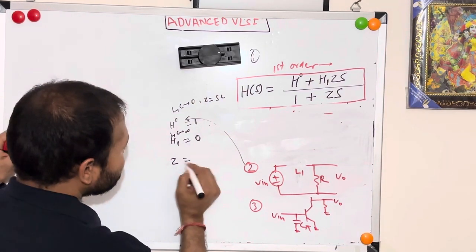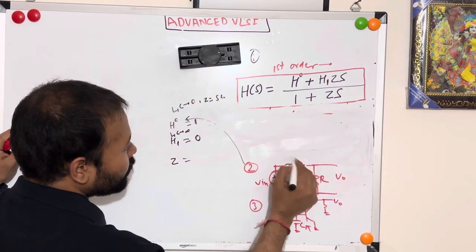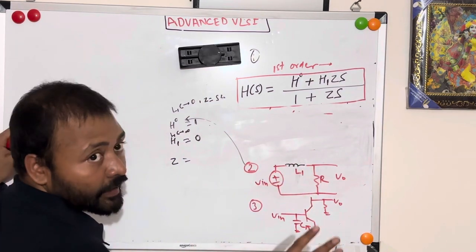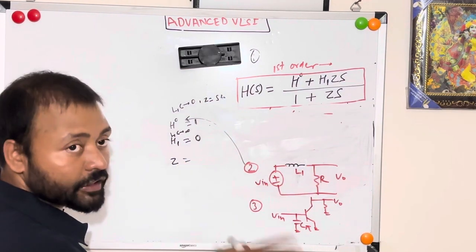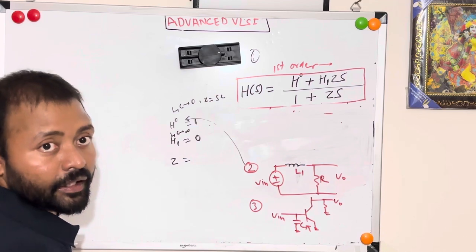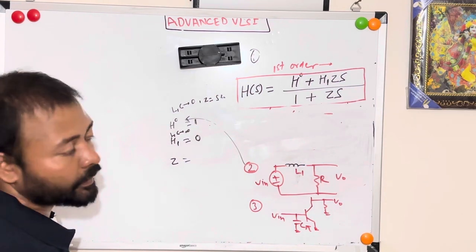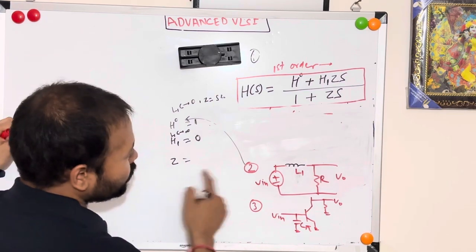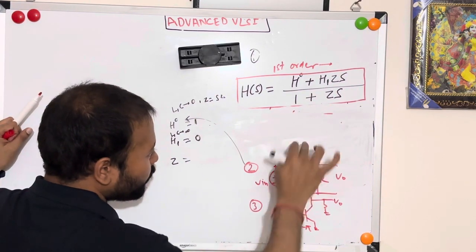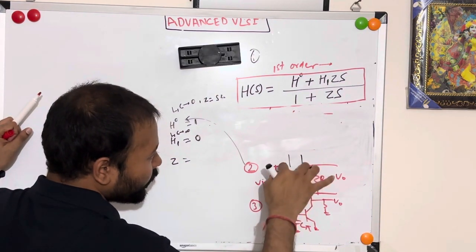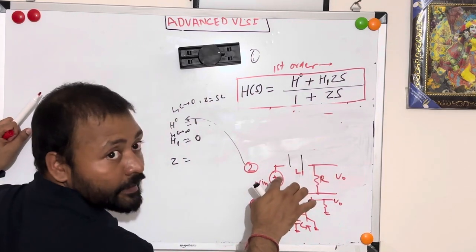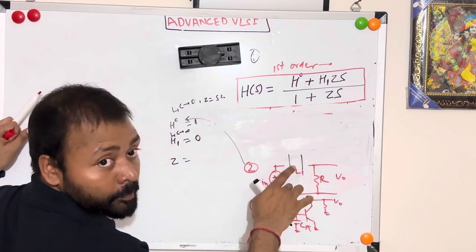Got it? What is the time constant? Time constant, you already know for a first order circuit, is L by R for L equivalent and R C equivalent for C. So for the time constant, just look from here, and the independent voltage must be short circuit.